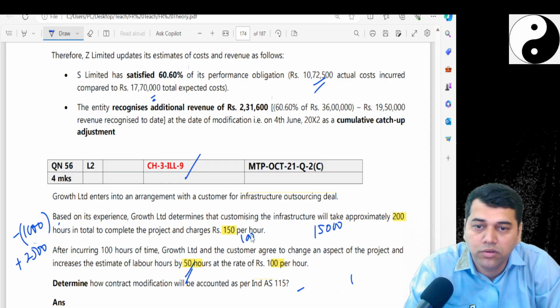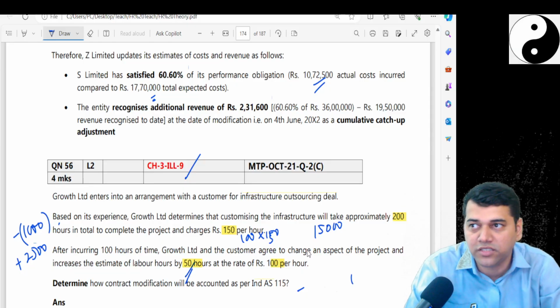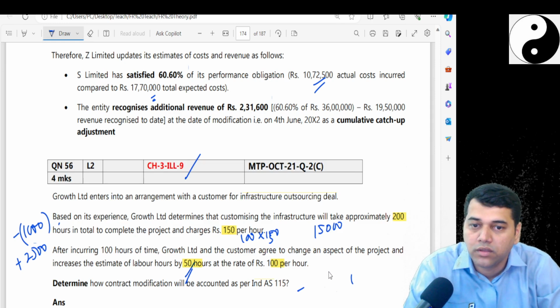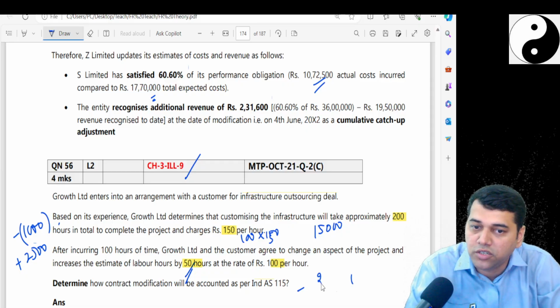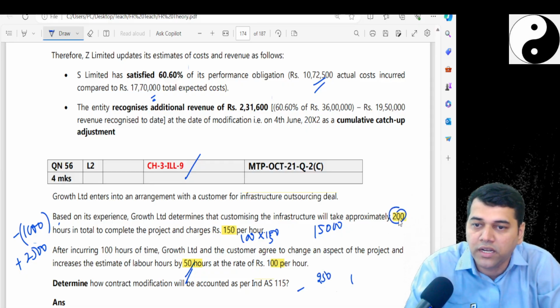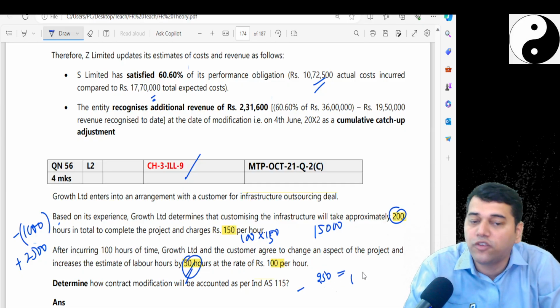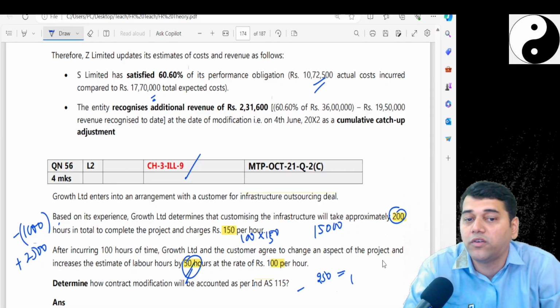100 into 150. So when you said it's the continuation of the existing contract, how much should you have recognized now? See, what is your total contract number? 250, that is 200 plus 50. What is the total value of the contract, the transaction price?